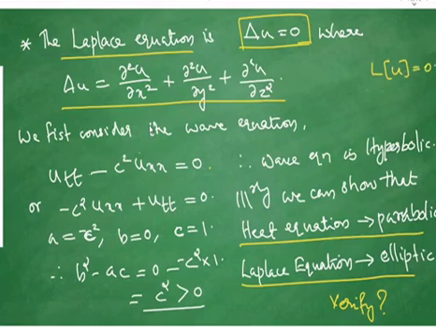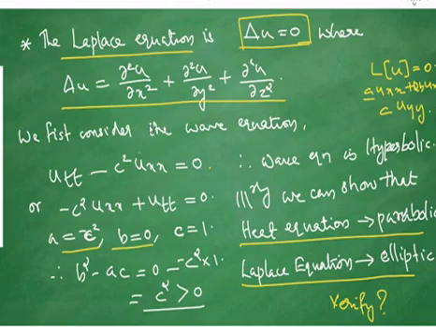The principal part was a uxx plus 2b uxy plus c uyy. So here a is minus c square, b is 0, and the coefficient of utt, that is 1.